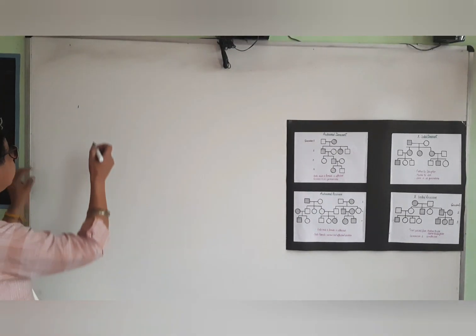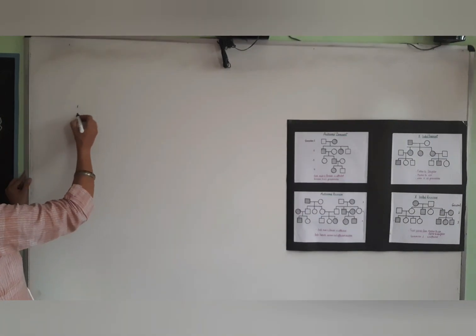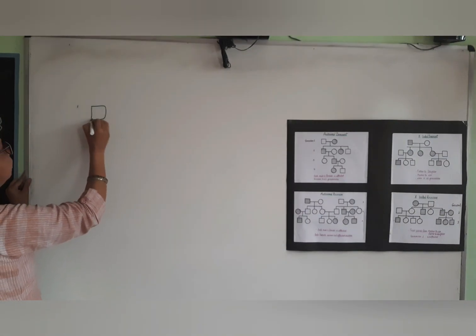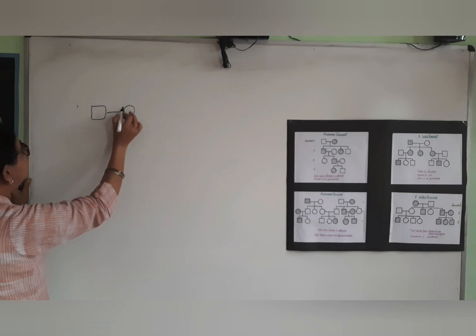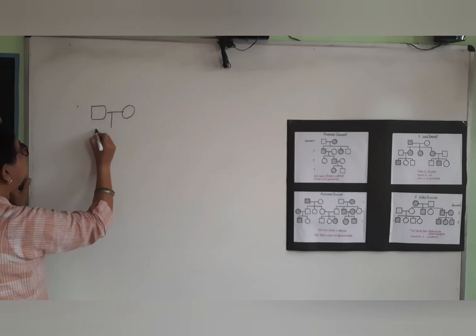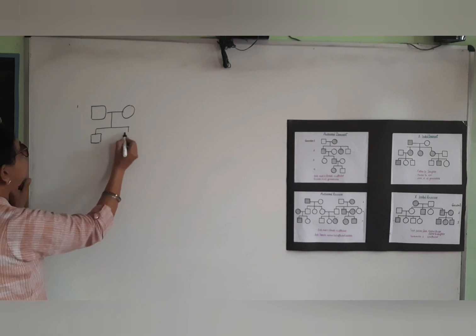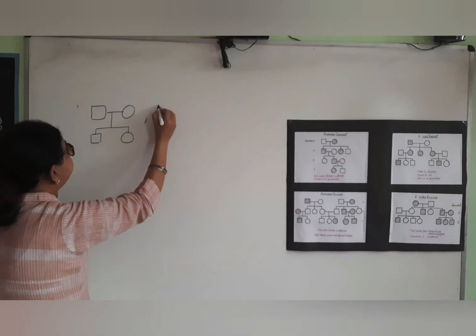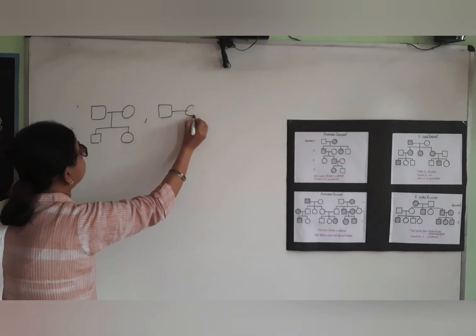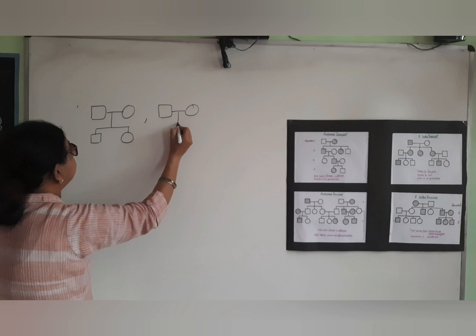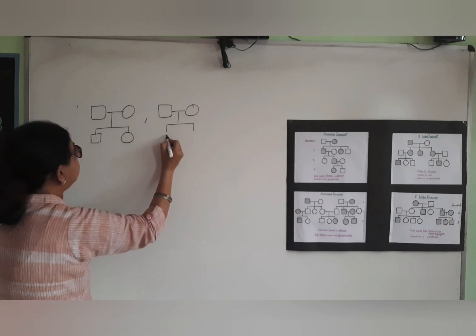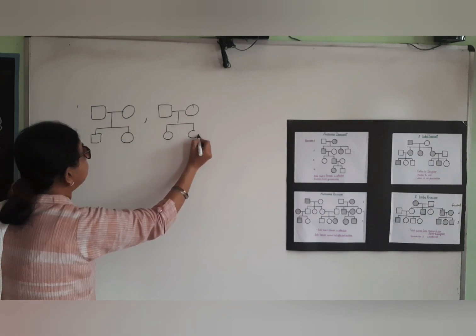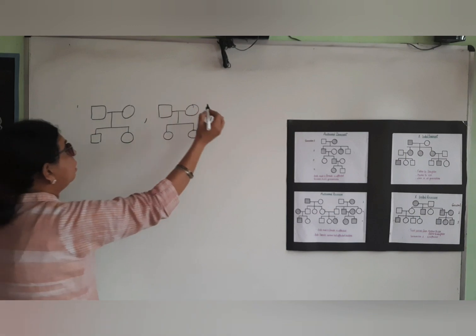Similarly, we can show offspring by branching method. If the offspring are male and female, it is represented like this. If the offspring are both female, then it is represented by this method.